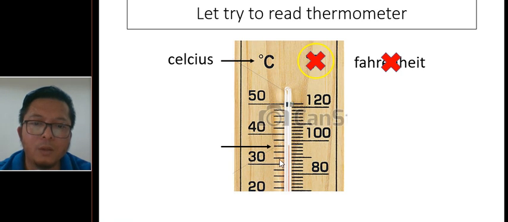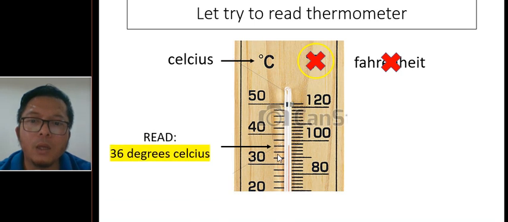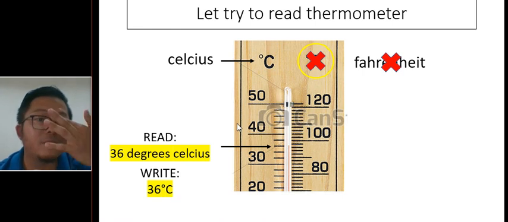So this will be 2. 30, 32, 34, 36, 38, and 40. That is correct. So this temperature, we read 36 degrees Celsius. We write 36°C, degrees Celsius. Now do you understand that?